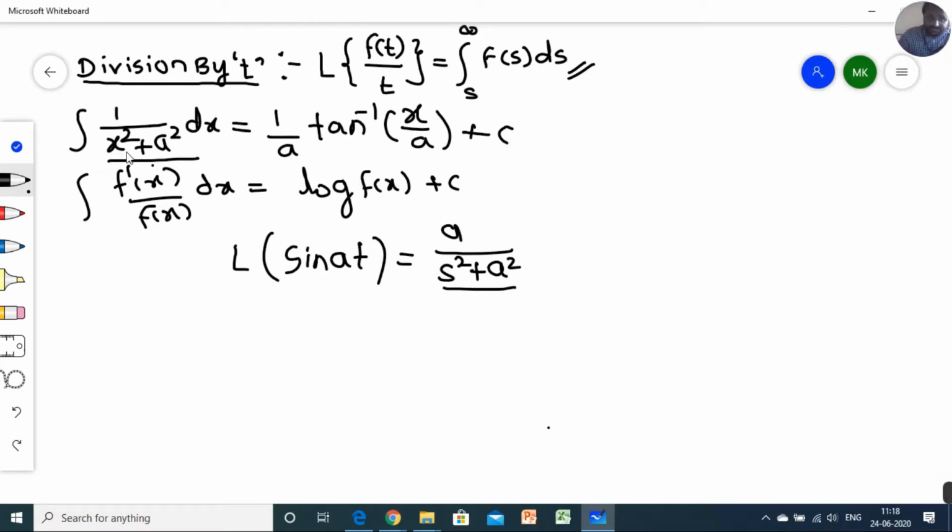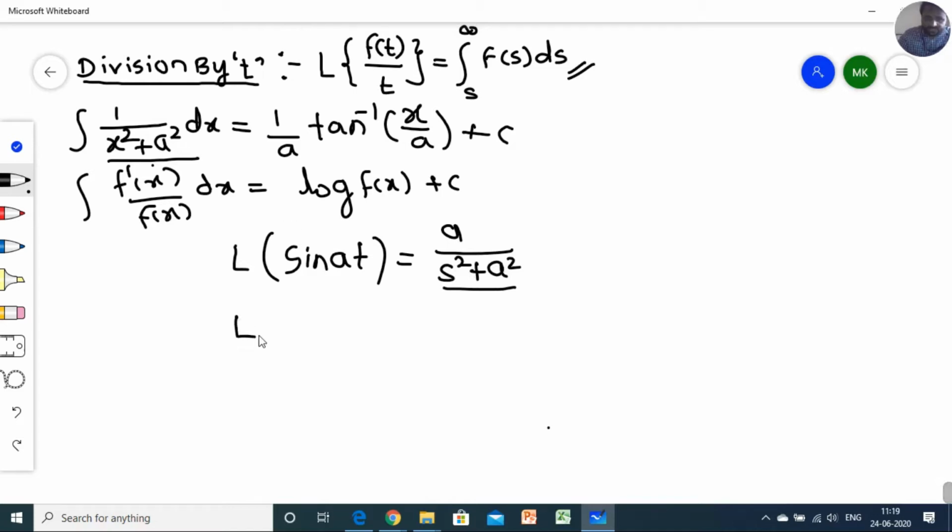So please remember these things, x square plus a square, because in Laplace transform we are converting the t variable into the s variable, that is, time domain to frequency domain. So here we have to treat the variable as s instead of x. The denominator is s square plus a square.